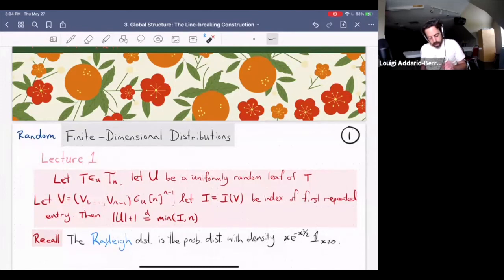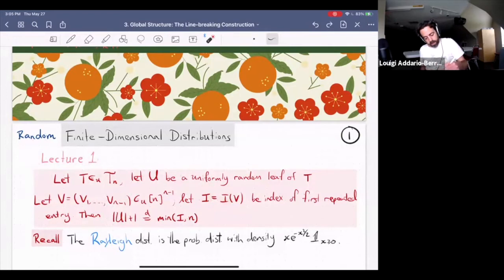So one of the participants pointed out to me that I was missing this minimum before. There's just a boundary case where the tree is just a single stick with no branches coming off, where you can sometimes get the answer n plus 1 for the first repeated entry.